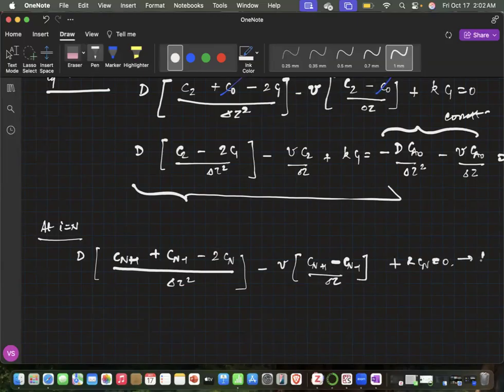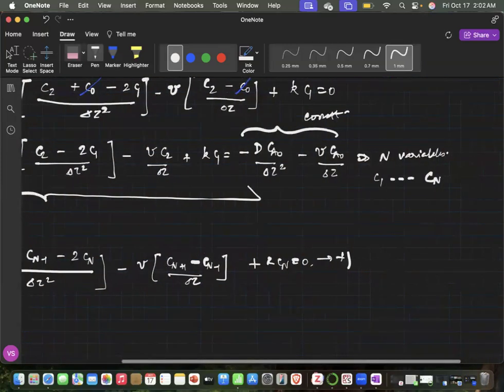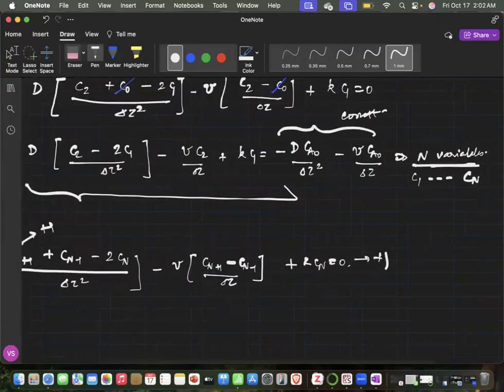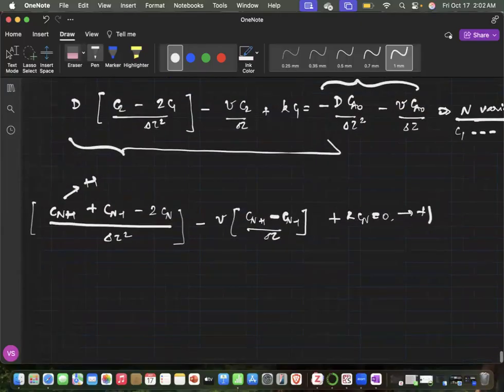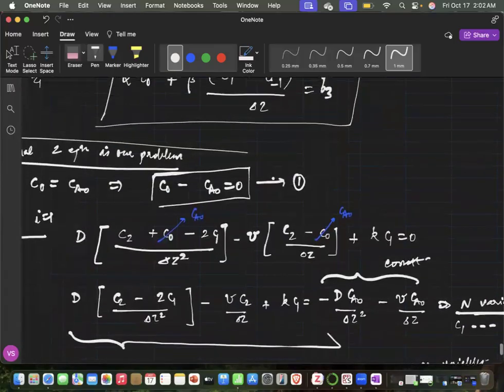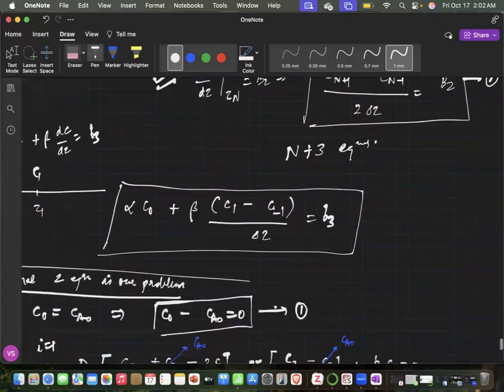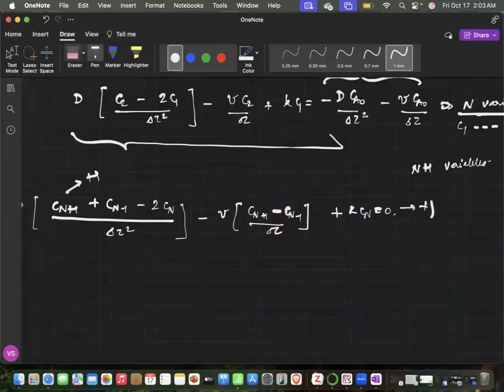So that is an additional equation, right? And there's also an additional variable. Okay. So we have n plus 1 variables now, if you consider eliminating C0 as a variable. You started with n minus 1 equations, and now there's this additional equation. So you have n equations, right?